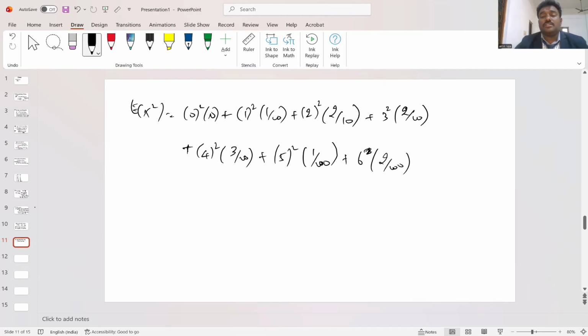So it is 2 by 100, plus 7 square into 17 by 100.